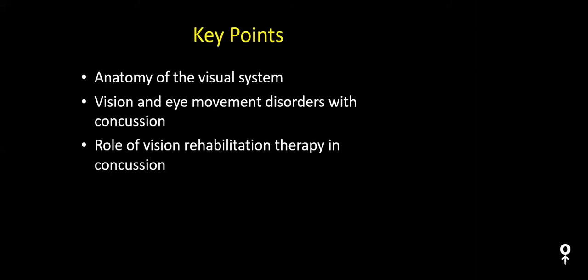In addition to that, we spent a fair amount of time talking about common problems of vision, both light sensitivity as well as eye movement disorders. And then finally, what can be done for individuals with persistent symptoms as it relates to vision rehab. So that's the extent of my presentation.